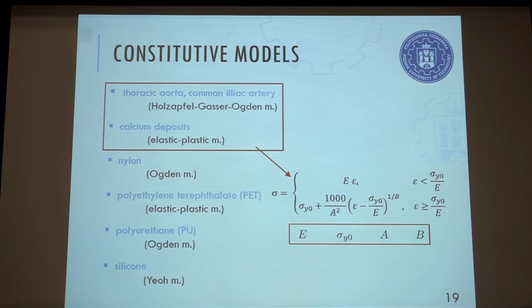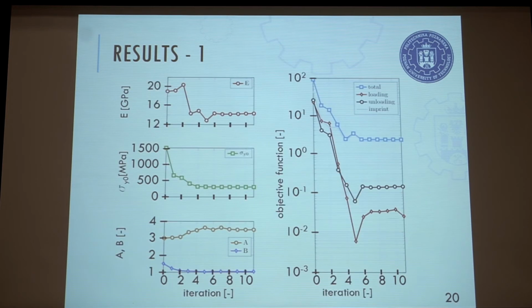The balloon was made of 4 different materials, so I computed 4 cases of balloons: nylon, polyethylene terephthalate (PET), polyurethane, and silicone. And those were mainly hyperelastic relations.